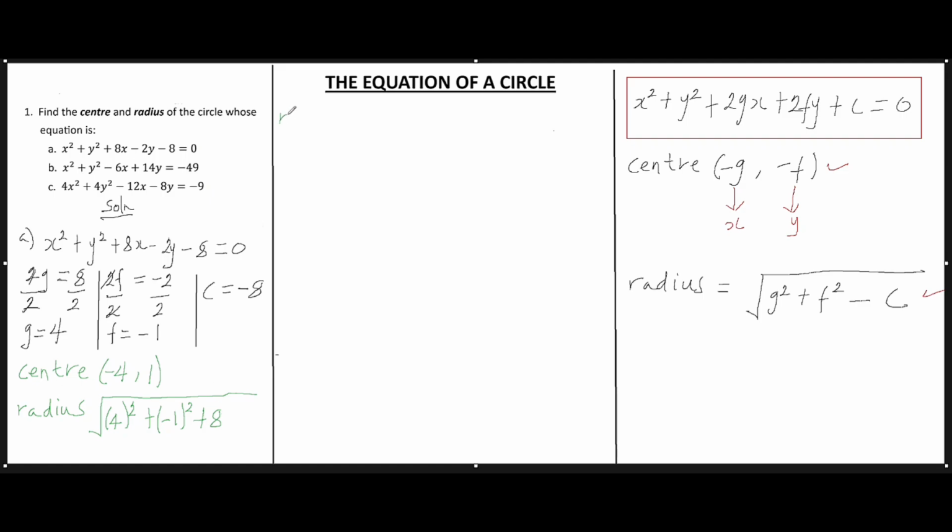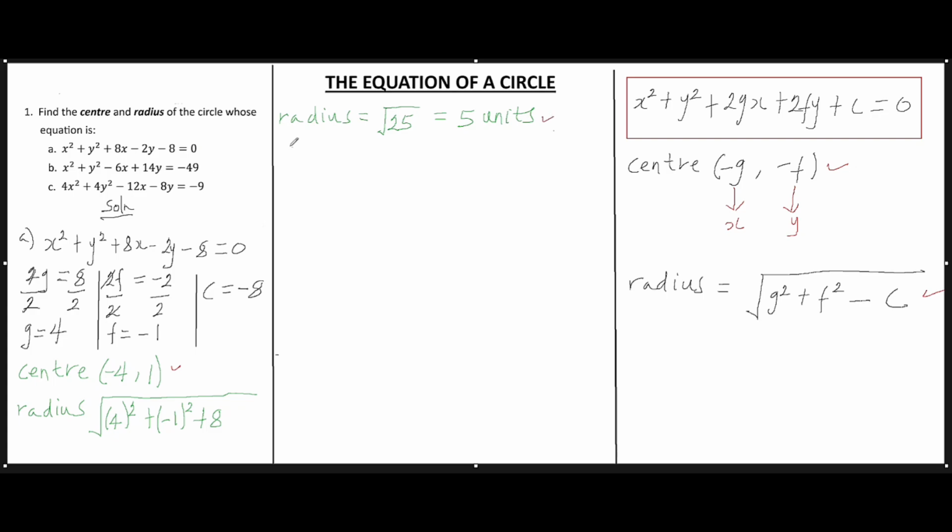So our radius will be, let's compute this, 4 squared plus minus 1 squared plus 8, we have 25. So the radius here is square root of 25, and then square root of 25 is 5 units. So for circle A, the center is minus 4, 1. And the radius is 5 units.